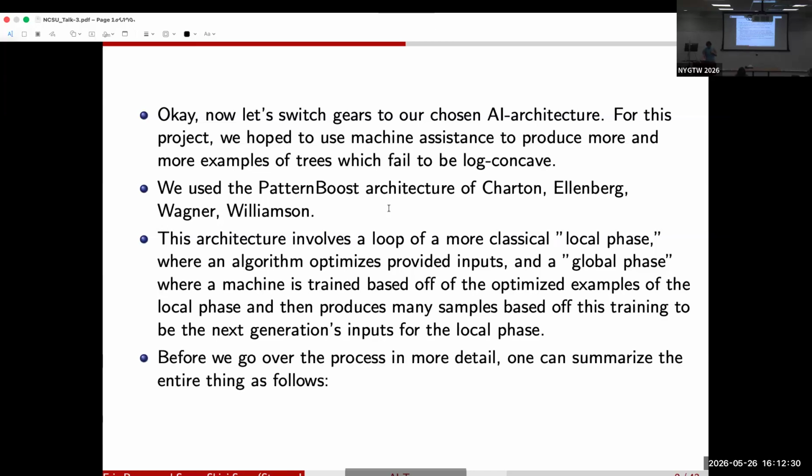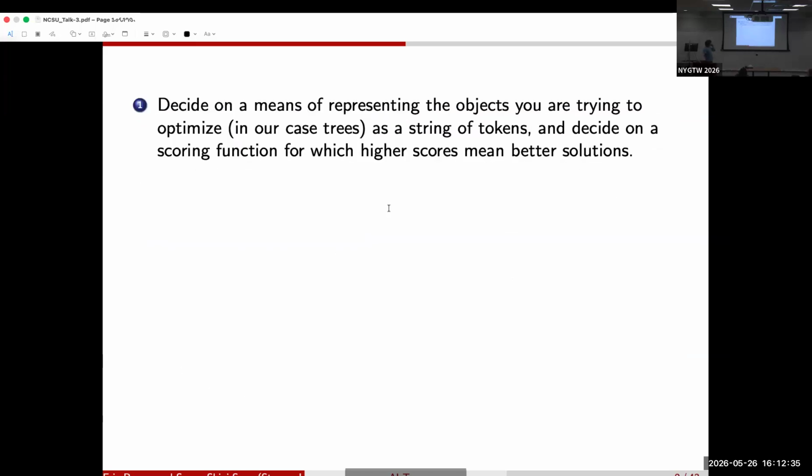Before we go over the process in more detail, we can summarize as follows. Step 1, decide on a means of representing the objects that you are trying to optimize, in our case trees, as a string of tokens, and decide on a scoring function for which higher scores mean better solutions for whatever problem you're working on.